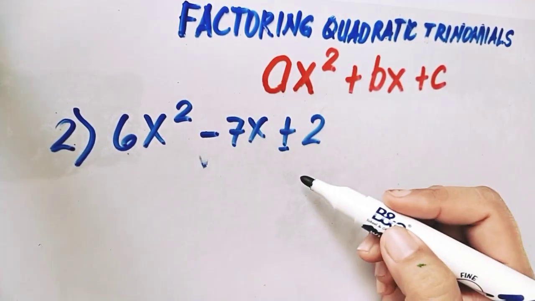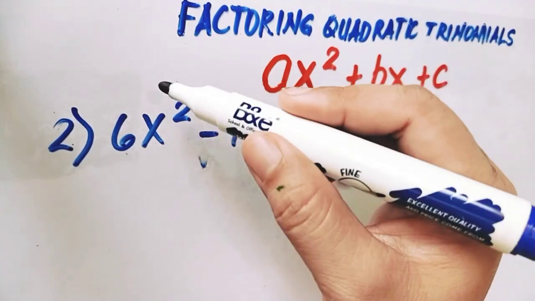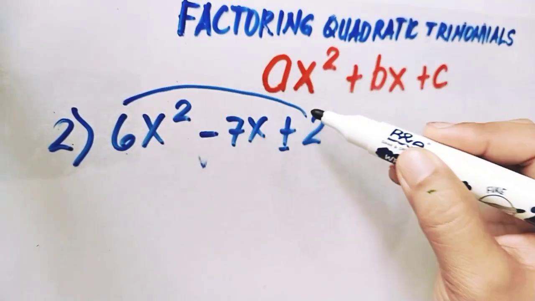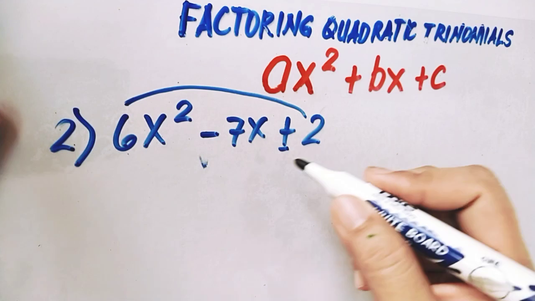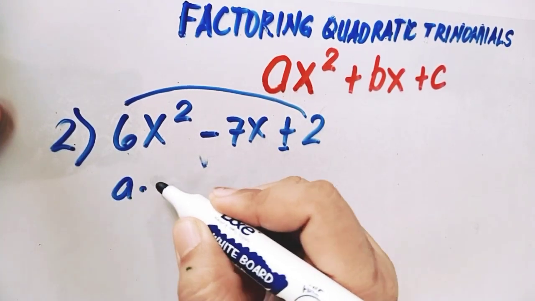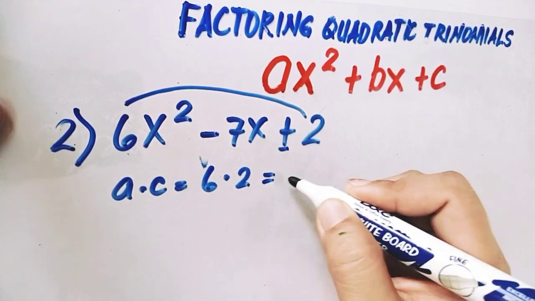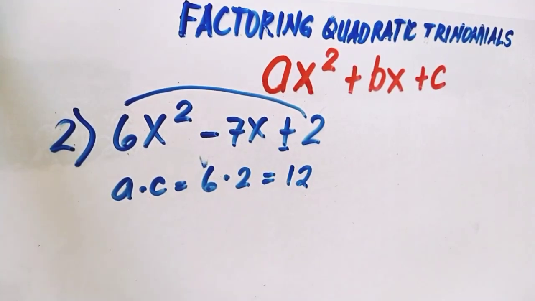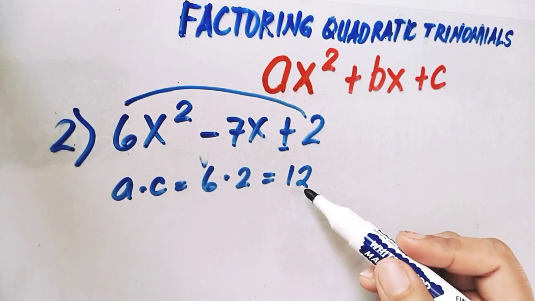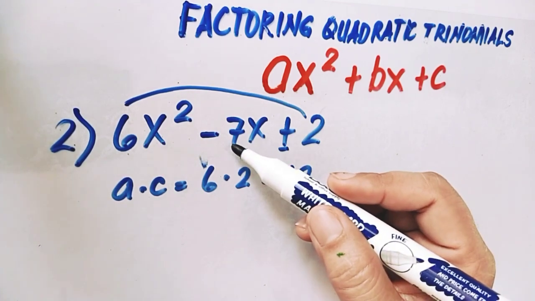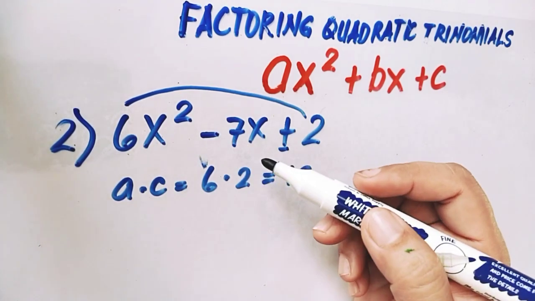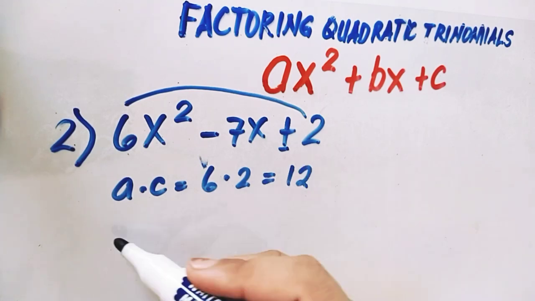So let us find first the factors of our given. So let's multiply 6 times 2, and that is a times c equals 6 times 2 equals 12. Then, let's find the factors of 12 that, when added, the answer is 7.